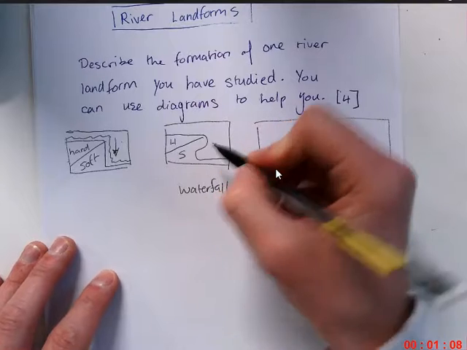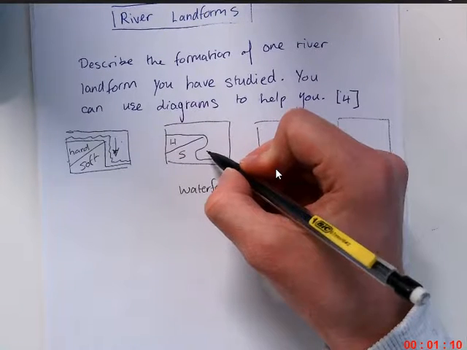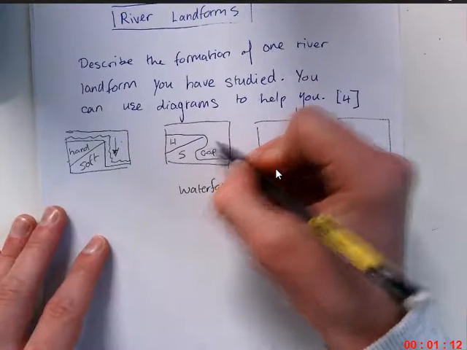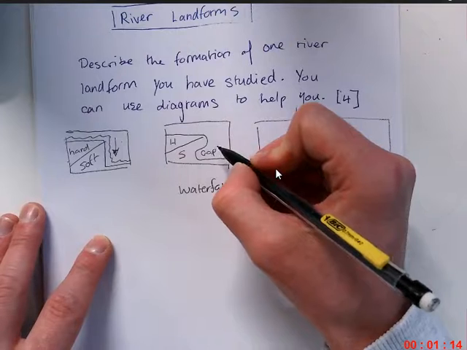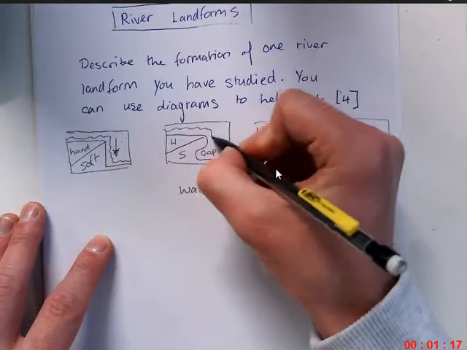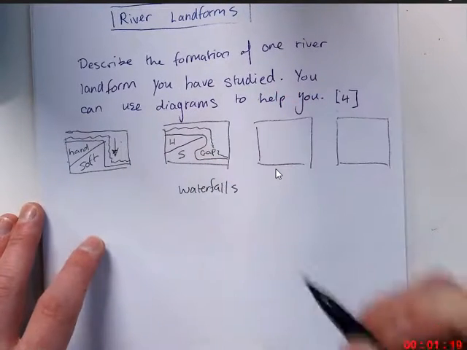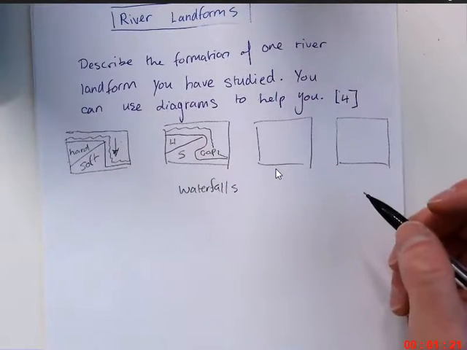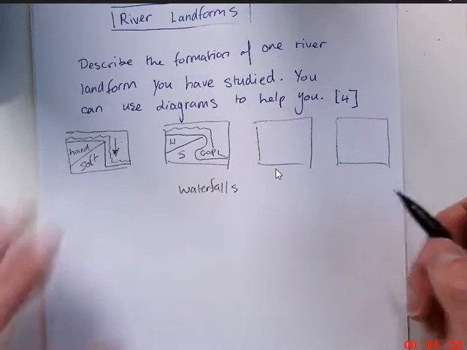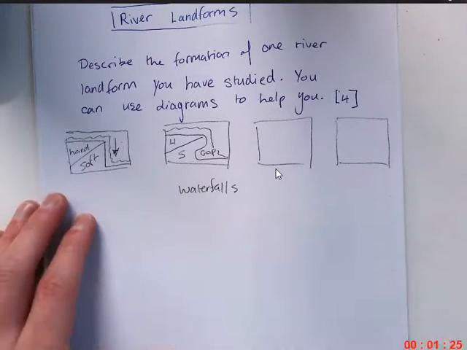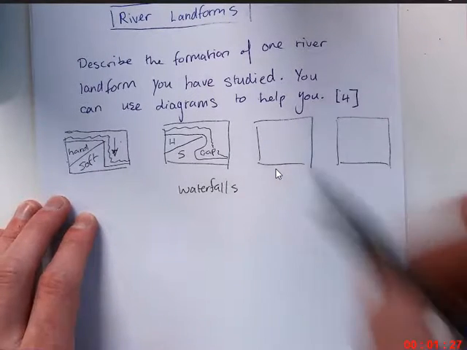A massive gap, exactly. That's exactly what we're looking for here. And you're absolutely right, there's a gap. And this gap is created by what, do you think? Erosion from the falling water. Well, water and rain. Right, thank you. So, that's step 2.